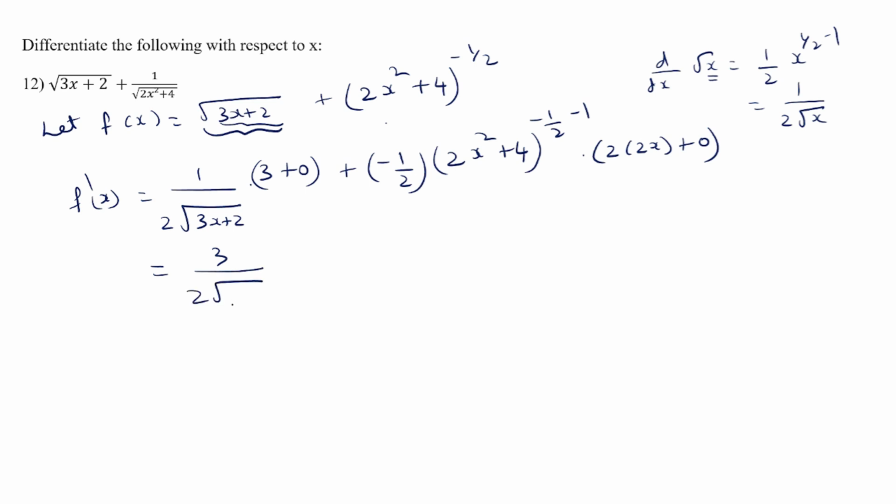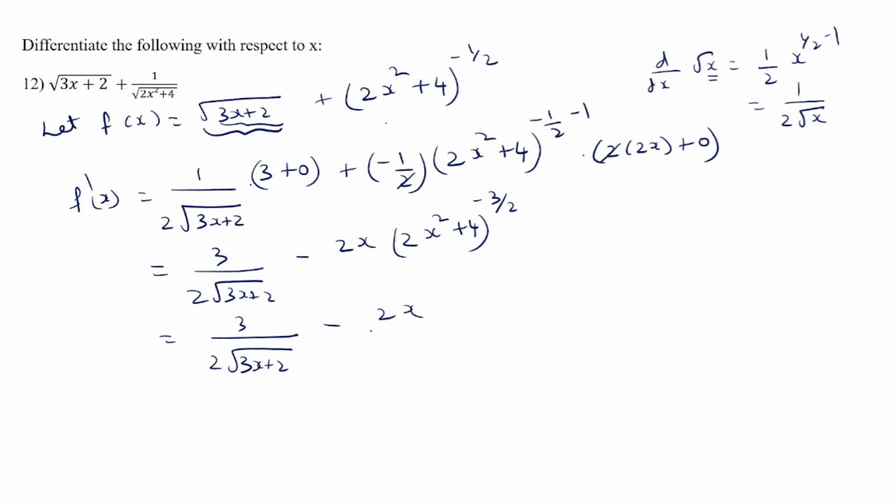So this is 3 by 2 into root of 3x plus 2 minus, this 2 and this 2 will go, so minus 2x into 2x square plus 4 the whole raised to minus 3 by 2. Or this is equal to 3 by 2 into root of 3x plus 2 minus 2x upon 2x square plus 4 the whole raised to 3 by 2. This is f dash of x.